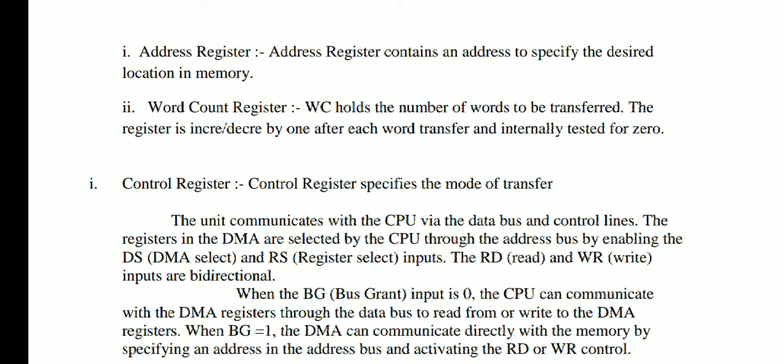The word count register holds the number of words to be transferred. The register is incremented or decremented by 1 after each word transfer and internally tested for 0. The control register specifies the mode of transfer.